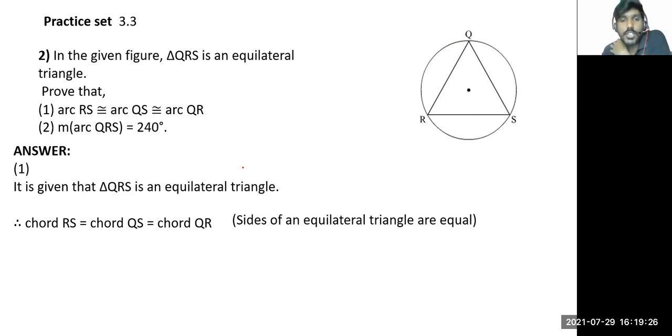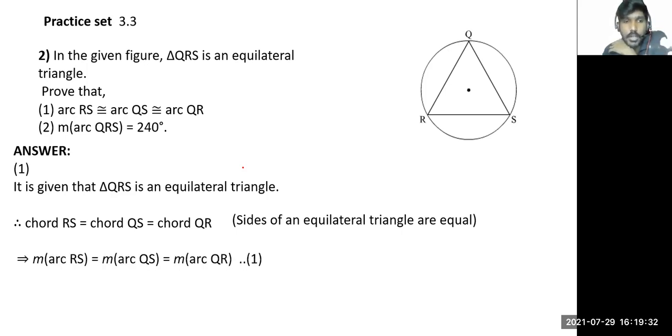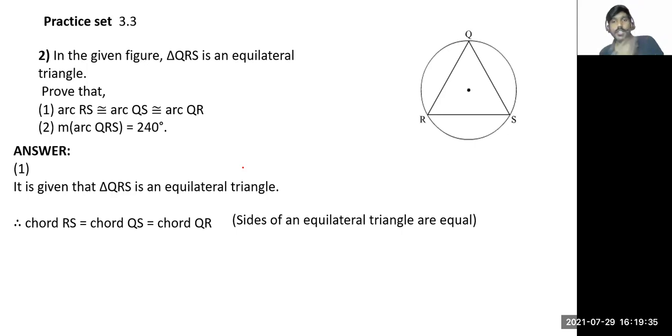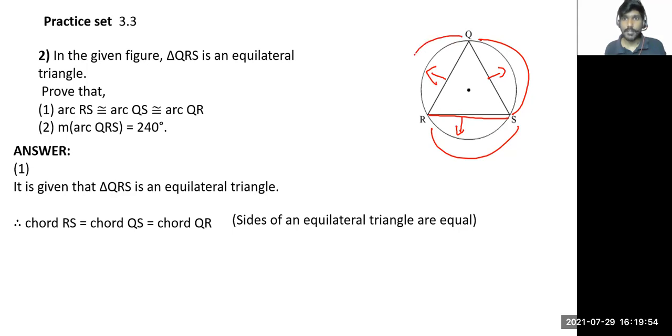Here we can give the reason: sides of an equilateral triangle are equal. Now we have to use the theorem that you studied. The theorem says if the chords are equal, then the arcs in front of those chords are also equal. In front of chord RS you have arc RS, in front of chord QS you have arc QS, and in front of chord RQ you have arc QR.